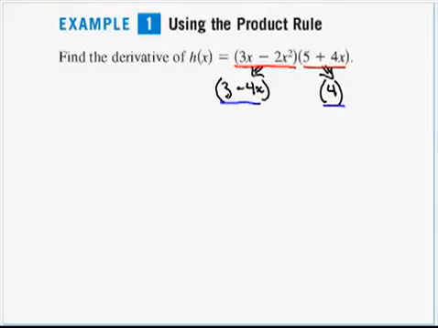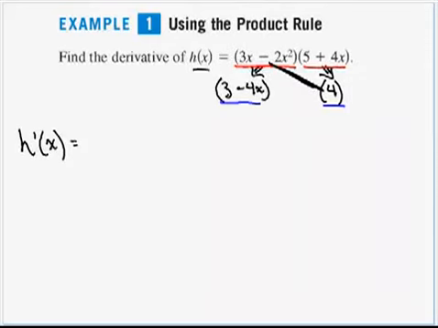So I want to find the derivative here, and they're calling this function h. So our derivative will be h prime of x is equal to, and the product rule tells us we have to do first times the derivative of the second plus second times the derivative of the first. And the reason I started doing this when I was in high school, it almost looks like a cross-multiply problem. If I'm looking at the first function times the derivative of the second, I'm sort of multiplying across on this diagonal.